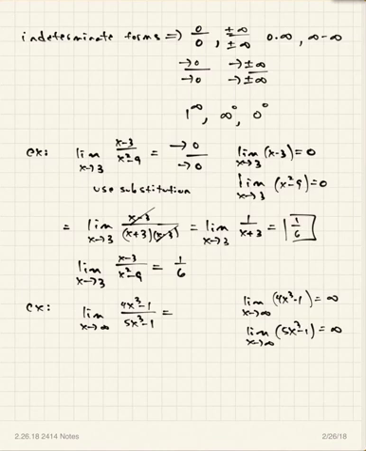And so notice this is the indeterminate form infinity over infinity. So this is indeterminate right here. In other words, just because a fraction's approaching infinity over infinity, you don't necessarily know based on that form what's happening to the fraction.